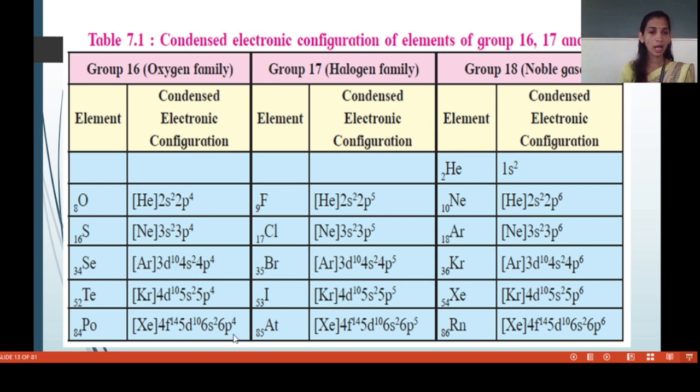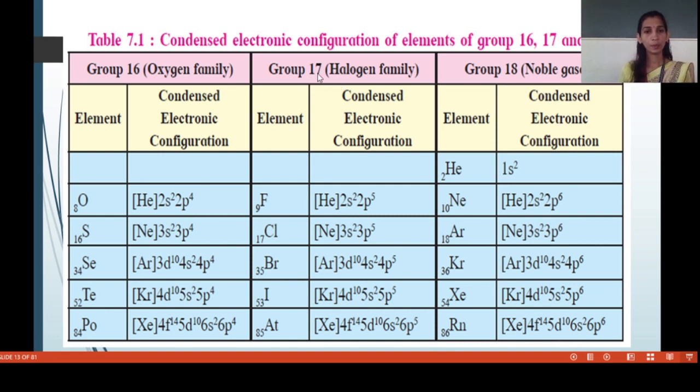If we consider the outermost p subshell, all the oxygen family elements, group number 16 elements, contain 4 electrons in their p subshell: 2p4, 3p4, 4p4, 5p4, 6p4. The general electronic configuration of group 16 is ns2 np4.